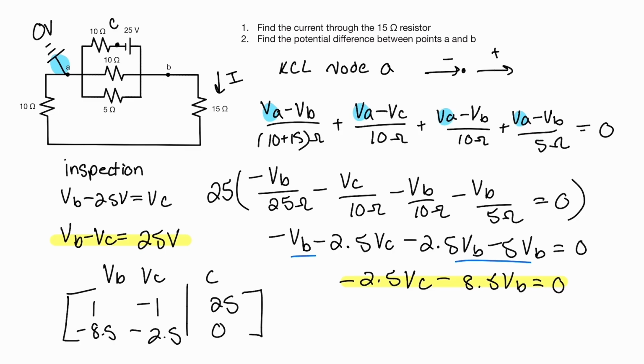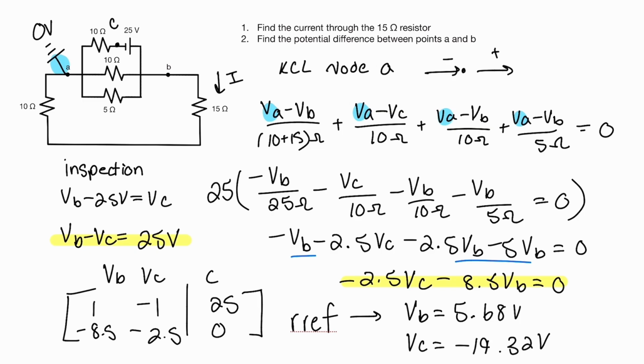And then you'll do reduced row echelon form in your calculator, and then what you'll get is VB equals 5.68 volts and VC equals negative 19.32 volts.